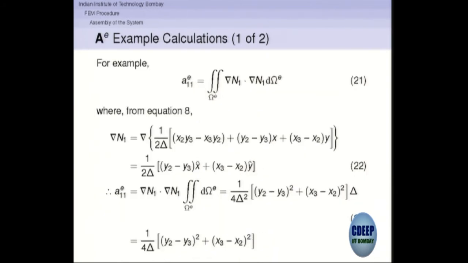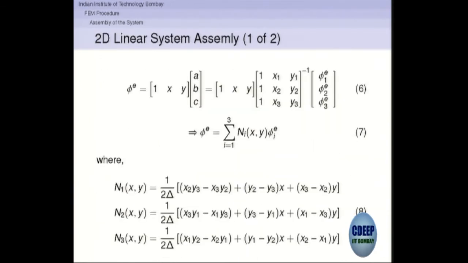For example, A11, as I just said, is given by del N1 dot del N1 d omega. Del N1 dot del N1 is straightforward because del N1 is as calculated in expression 22. It is absolutely straightforward because you already know the expression of N1.